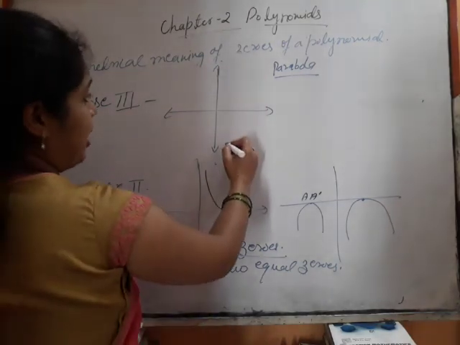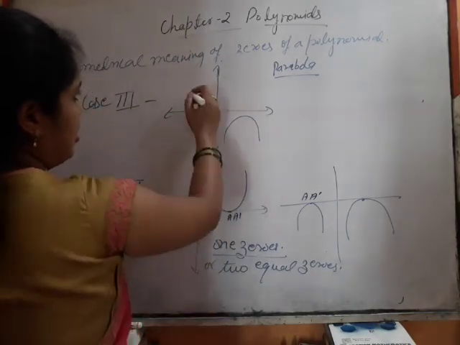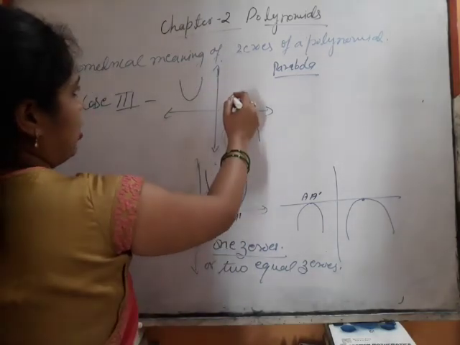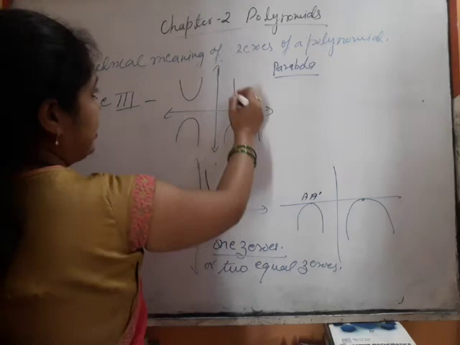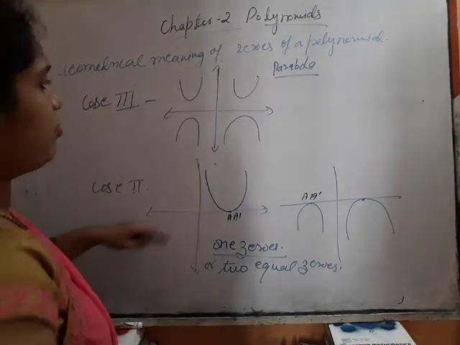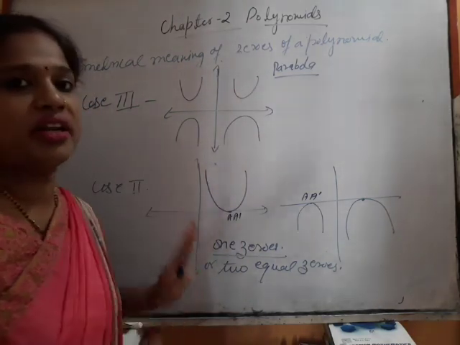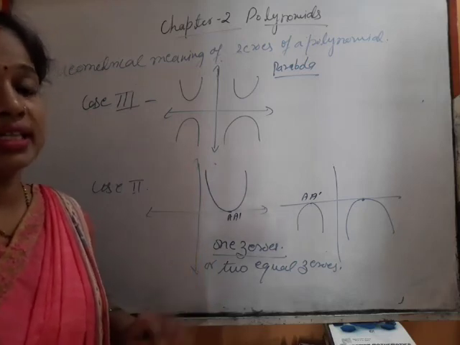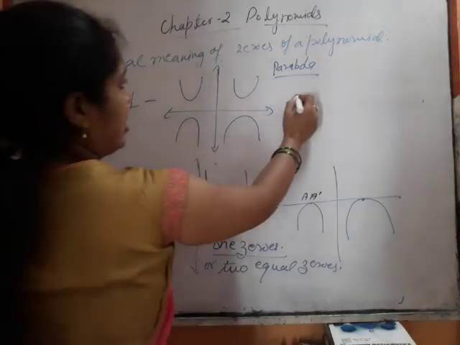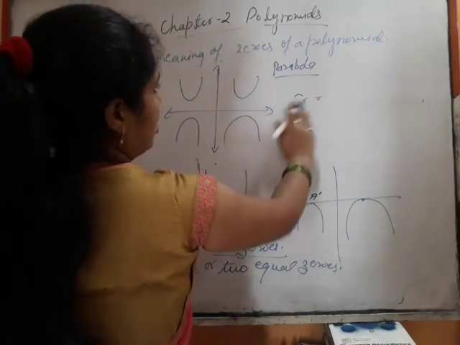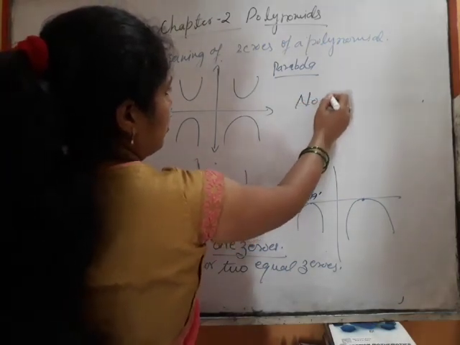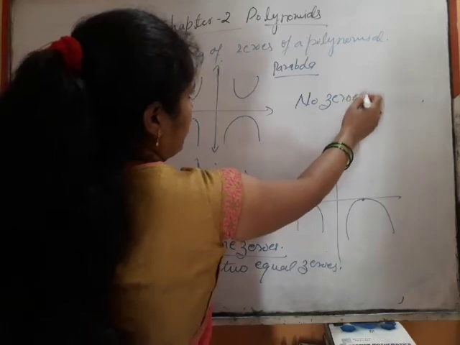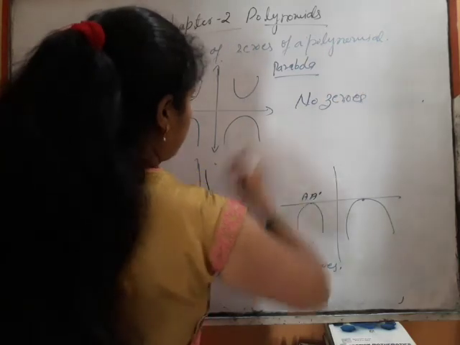If you get the parabola like this, or in any of the quadrants, that means the parabola is not intersecting the x-axis anywhere. It is not touching the x-axis anywhere. So in this case, it will have no zeros.